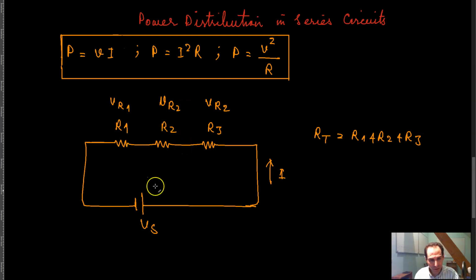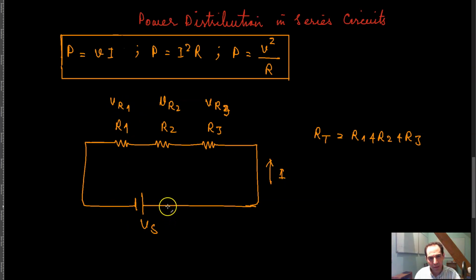Meaning that, just as in a series circuit, the voltage across R1 plus the voltage across R2 plus the voltage across R3, the sum of these voltage drops, is equal to the power supply voltage.